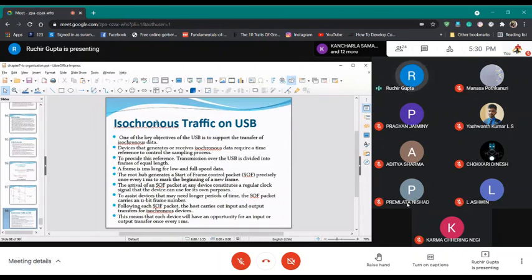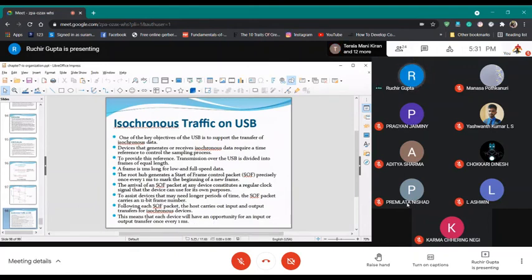The root hub generates a start of frame control packet precisely once every 1 millisecond to mark the beginning of one frame. The arrival of the SOF packet at any device constitutes a regular clock signal. So in a way, the root hub and the device get synchronized using this SOF packet. The SOF packet carries an 11-bit frame number, and then there will be input-output transfer.